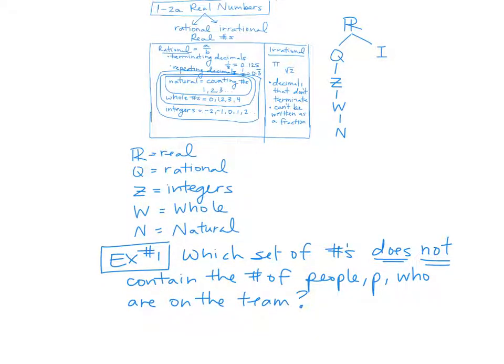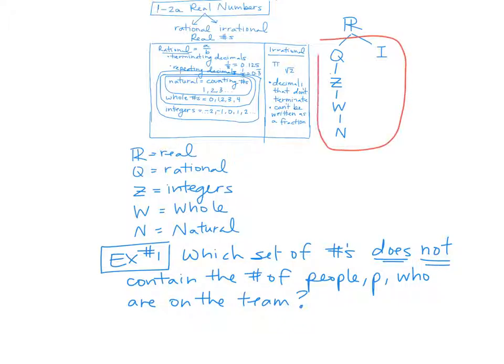Okay, so if we're talking the number of people on a cross-country team, of our left side here, right, of all these, so rational, integer, whole, and natural, which one of those is not going to contain the number of people on a team? Oh gosh, I circled the wrong thing.